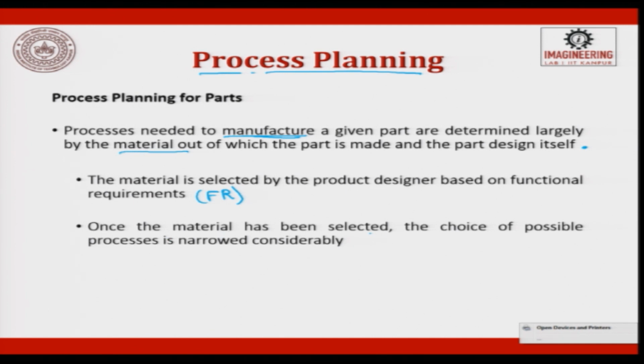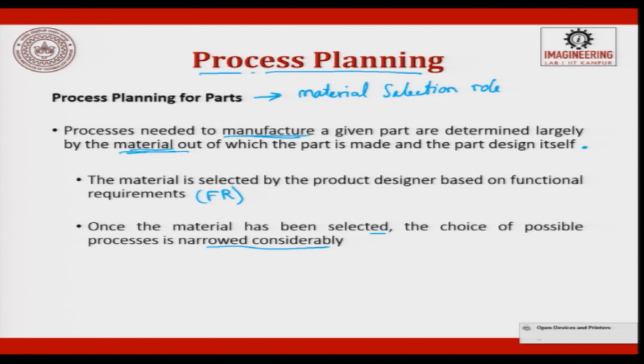Once the material has been selected, the choice of possible processes is narrowed considerably. So, material selection is very, very important. For the process plan, material selection plays a very important role. This material selection will lead to manufacturing.